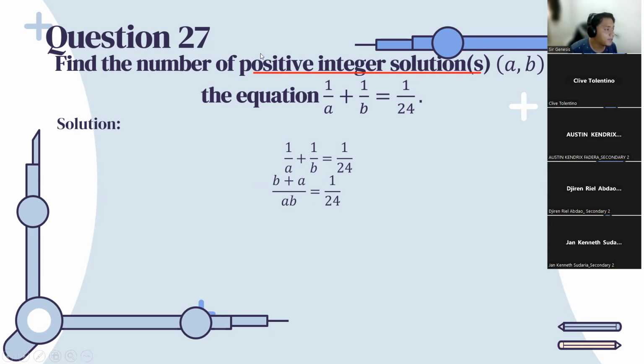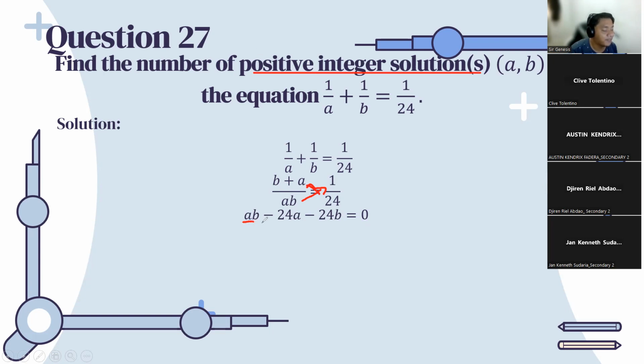For this one, we can just cross multiply, and you will have AB minus 24A minus 24B is equal to 0. So similar to factoring xy plus x plus y plus 1, you can also try to factor this one.